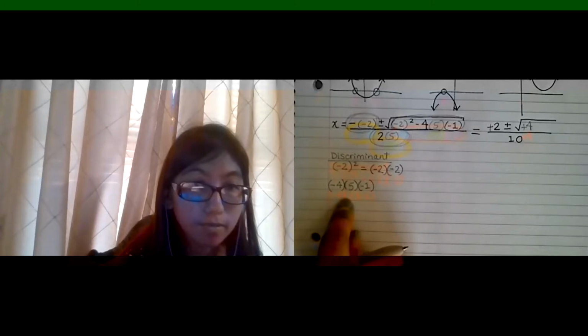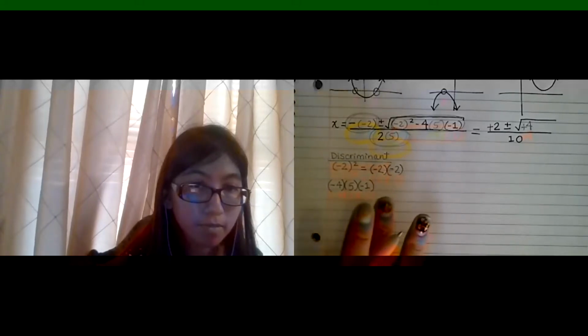Now, this second part of the discriminant is also kind of confusing because it says -4 times, I'll put that in parentheses too, 5 times -1. Now, what I suggest here is you can use your commutative property of multiplication and also associative, and you can move things around if you want, or you can group it.